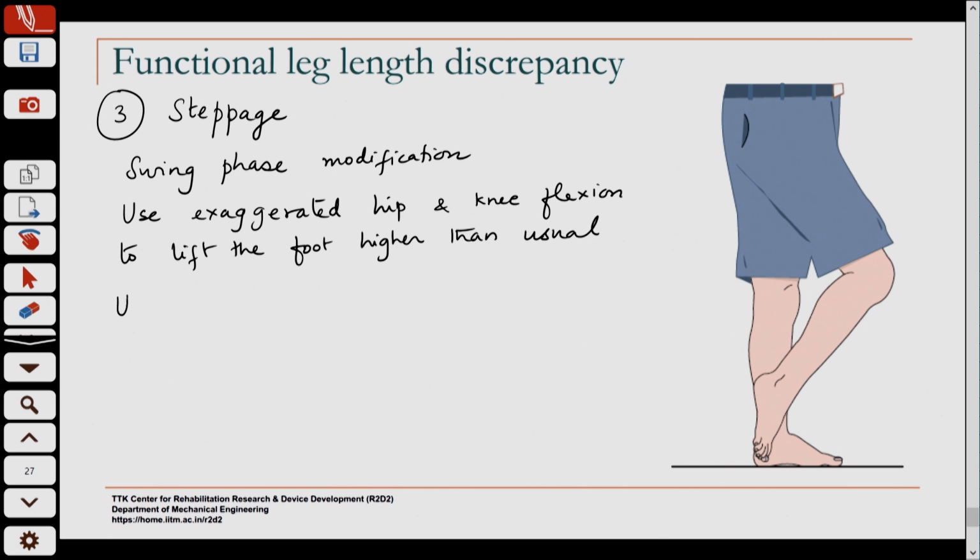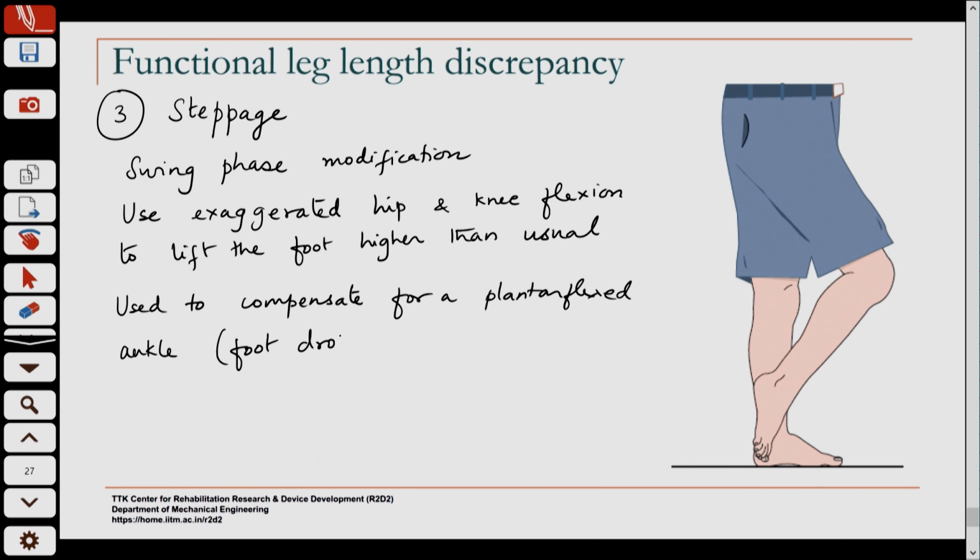This is typically used to compensate for a plantar flexed foot. The condition is called foot drop, and this is due to inadequate dorsiflexor control.